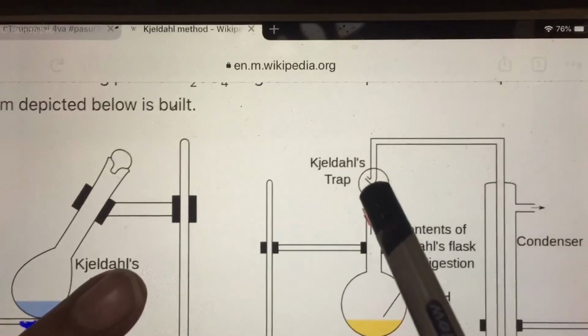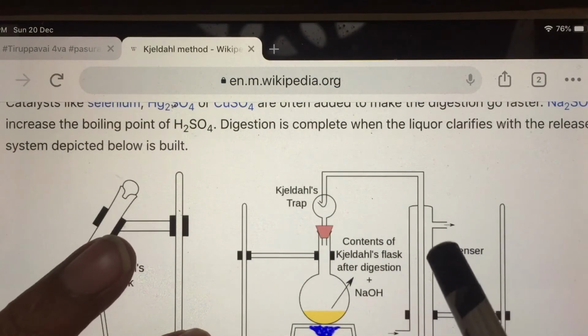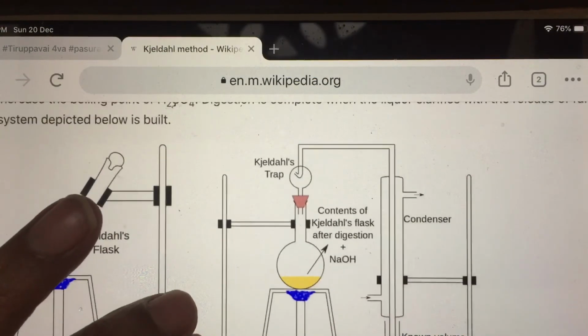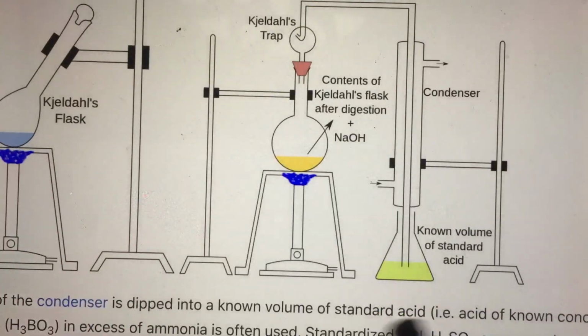The ammonia gets liberated and passes through the Kjeldahl trap. Through this condenser it gets cooled and collected in a conical flask that has a known volume of standard acid. This is taken in excess. Now you take it out, and titrate how much acid is left out with the help of a base, N_B V_B, and you know all the other calculations, right? So this is called Kjeldahl estimation to find the percentage of nitrogen.